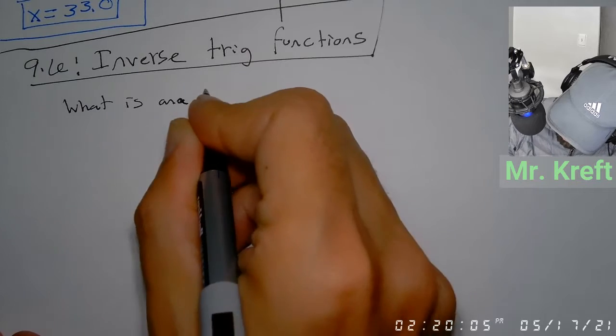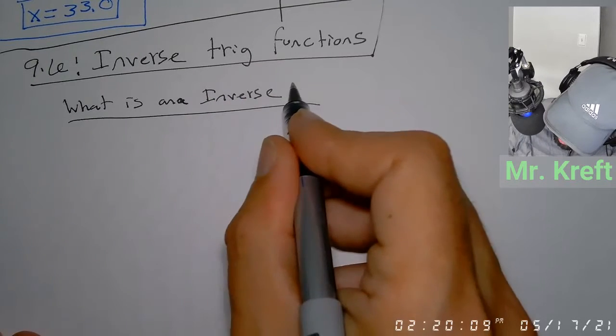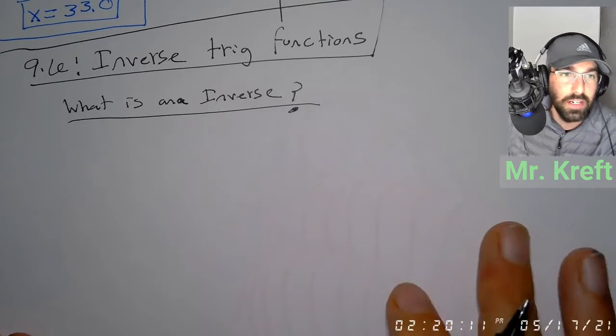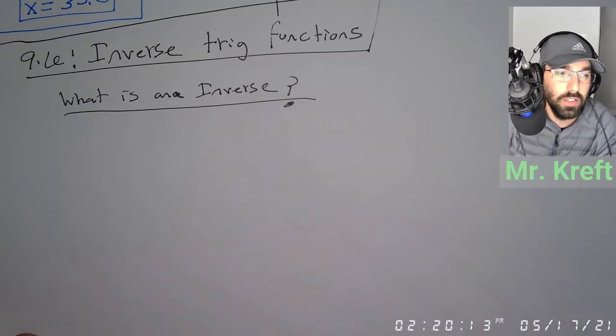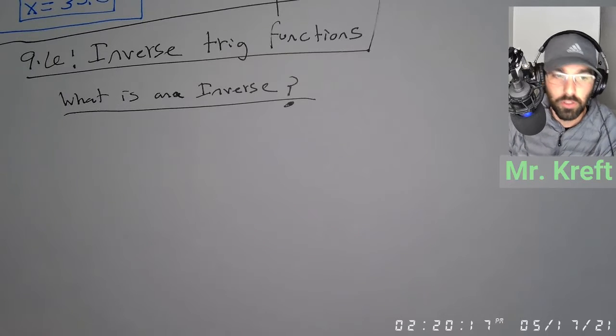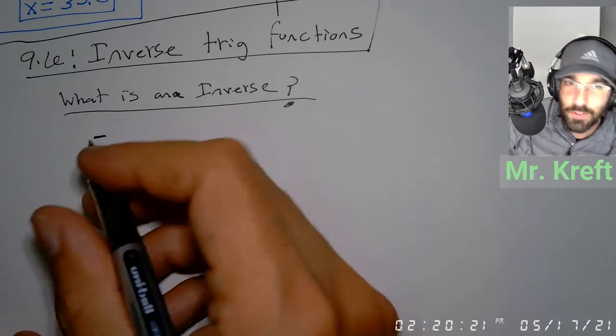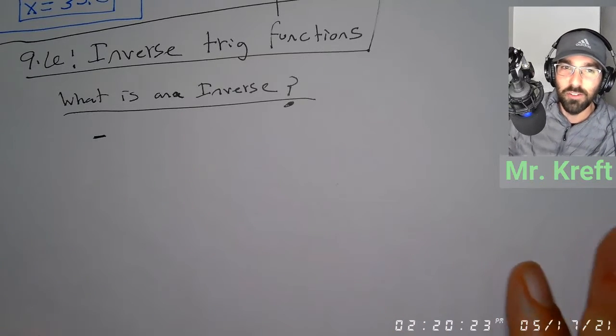So you guys already have a pretty good understanding of what an inverse is. You just might not have used the word inverse to describe what you were doing, okay? So an inverse, now this is kind of like the Krefft Street definition.